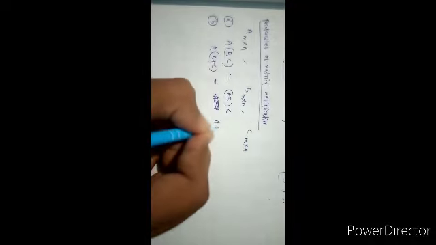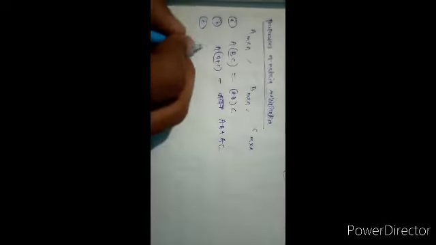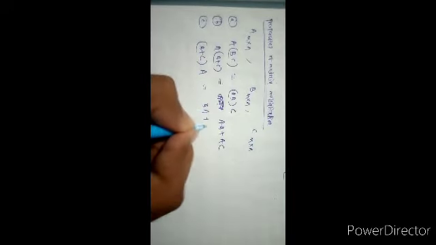Then the second one is A multiplied with B plus C is equal to AB plus AC. Okay. Then the third one is B plus C multiplied with A, that is BA plus CA.